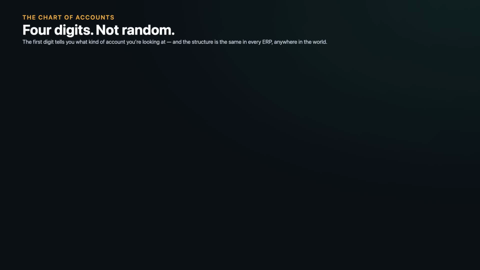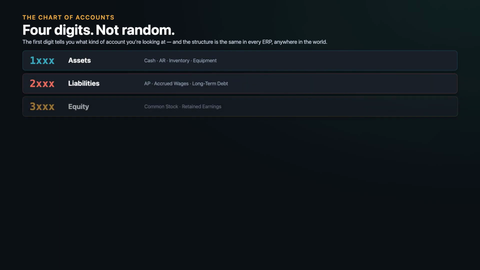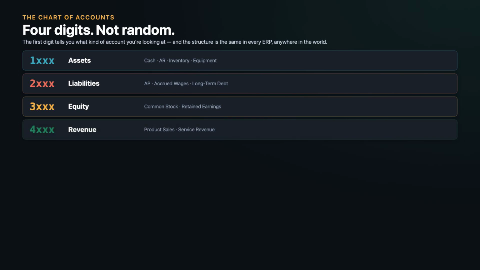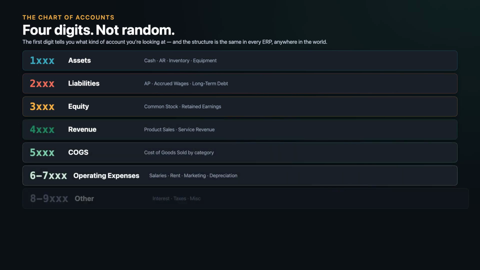Every account has a 4-digit code, and they are not random. First digit 1 means assets, cash, receivables, inventory. First digit 2 means liabilities, accounts payable, accrued wages, long-term debt.